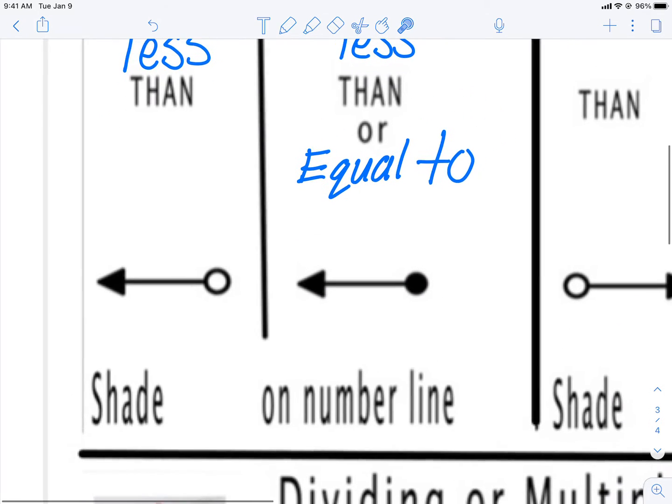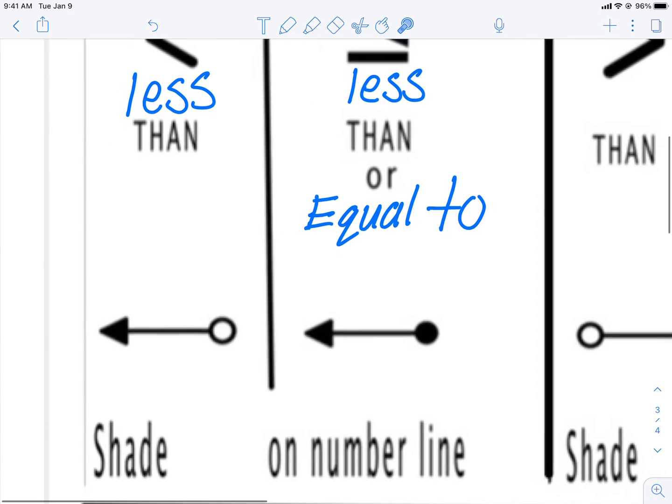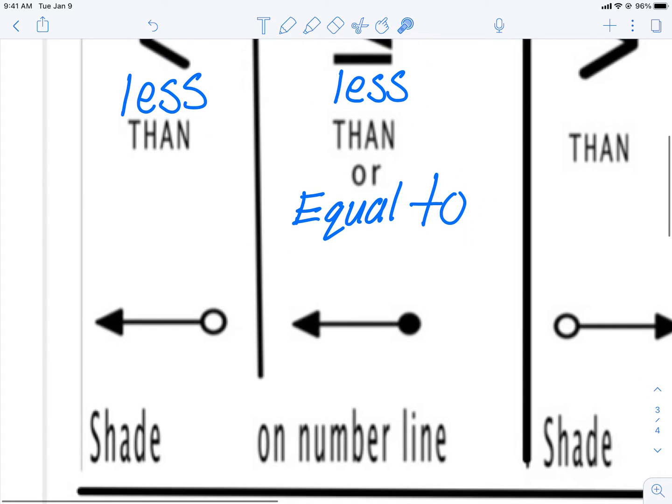So with these numbers, when you're graphing on the number line, if you notice both of these, open circle to the left, closed circle to the left. So we shade left. Left on the number line, right?